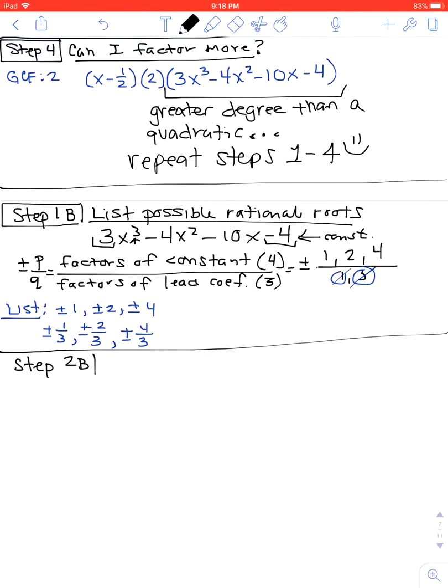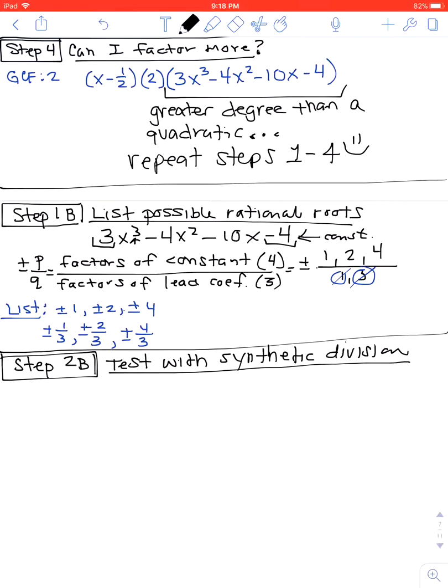All right, so we're doing step 2. We're testing with synthetic division. So you should be doing that right now. You should be testing all of them until you find one that gives you a 0.